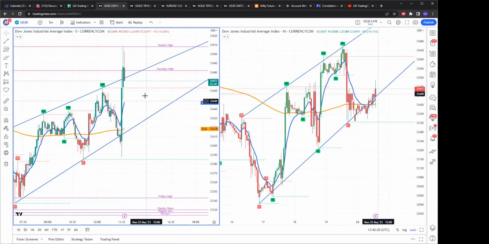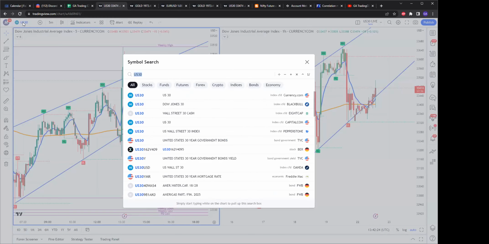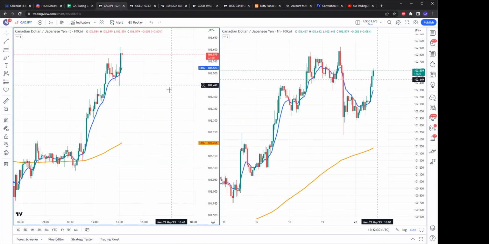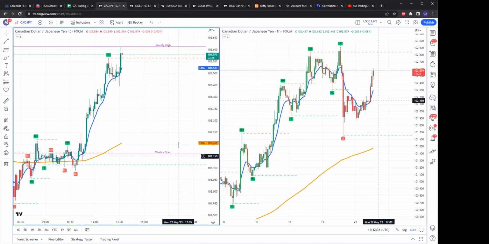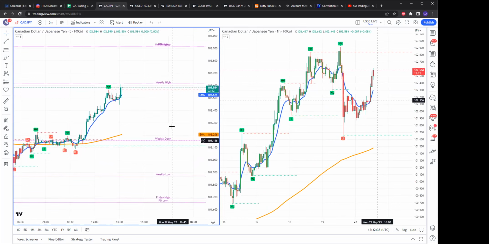But at the end of the day, this will be a game changer because right now I can change this to any random instrument, I don't know, CAD JPY, and the same setup should populate for CAD JPY. So with this, you can literally trade any instrument. Previously I was doing these markups manually, but with this new system, you can use it.